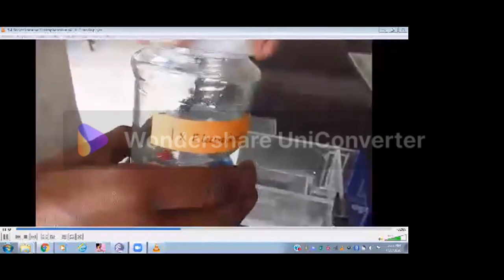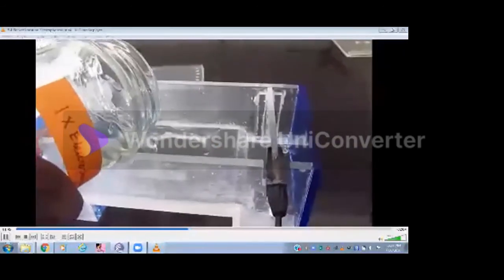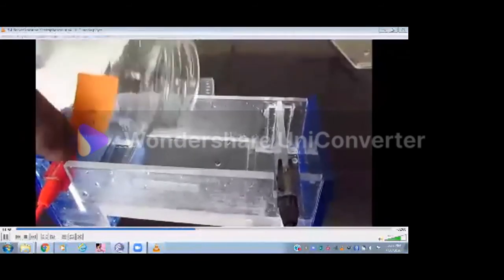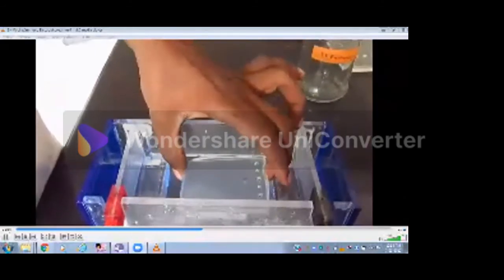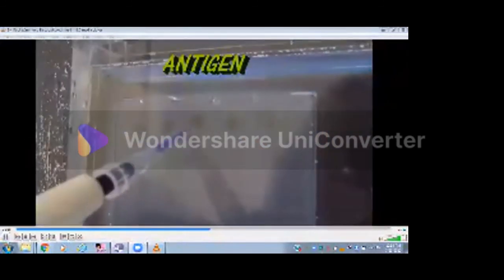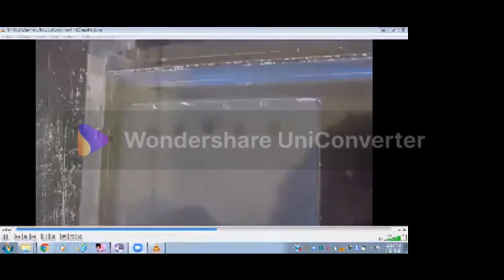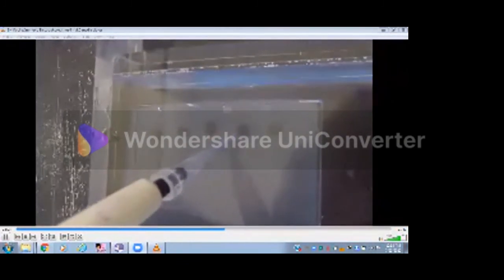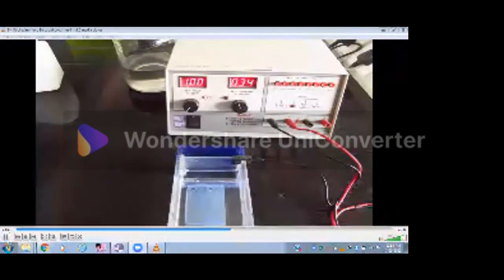Pour the 1x electrophoresis buffer into the gel tank. Immerse the gel into the buffer. Load the antigens into the wells. Run the gel for 2 hours at 100 volts.